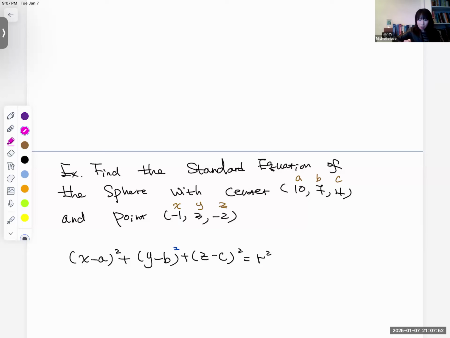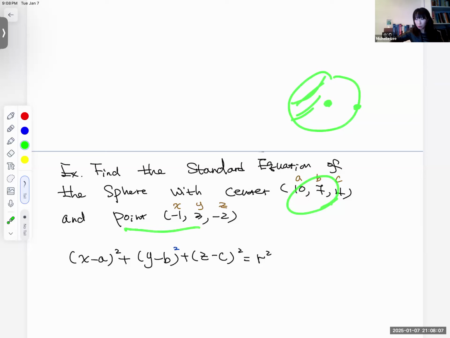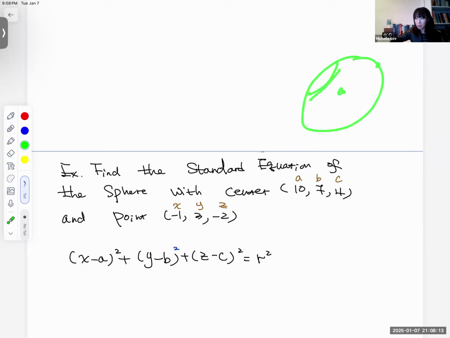As we see, it says center. We have a sphere, then the center is this number, and then a point. We don't know where this point is, so we can draw it, right? Center, and then here or here.